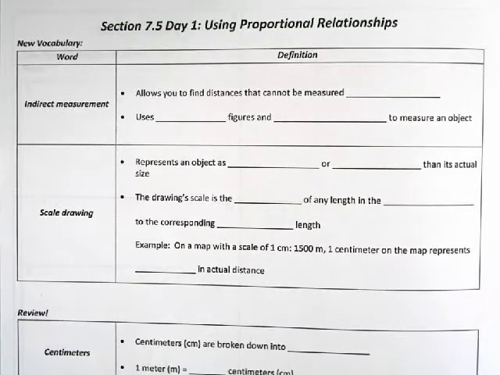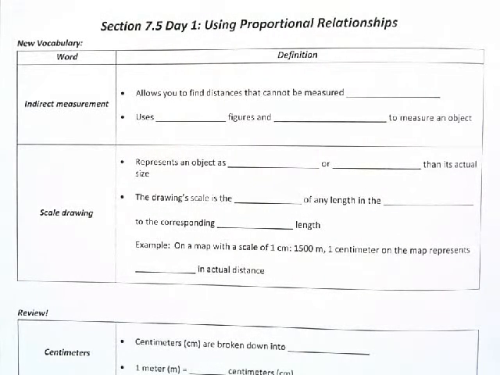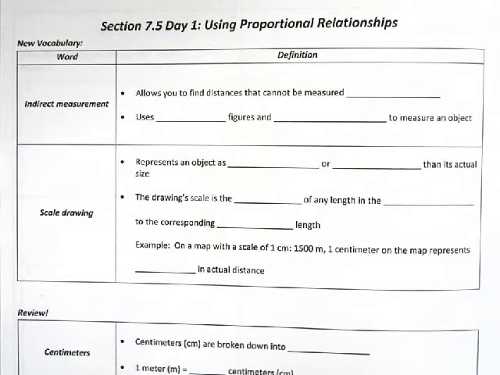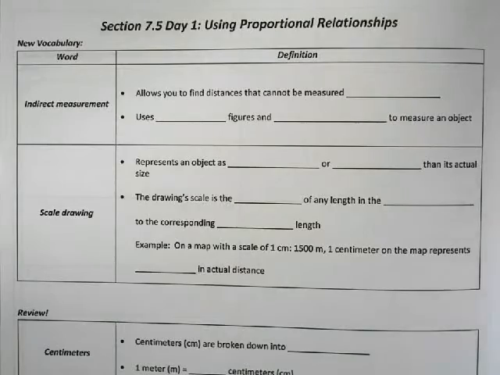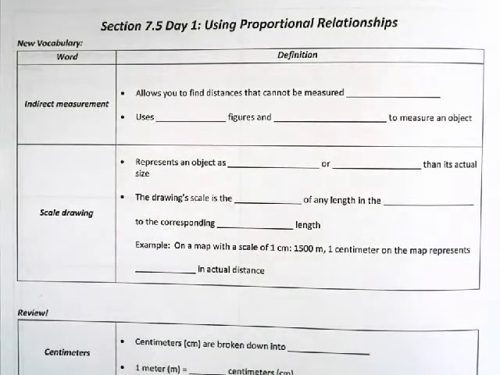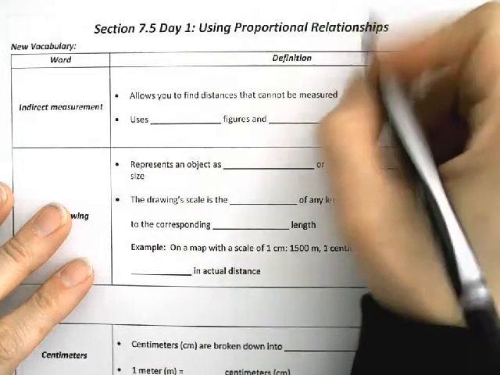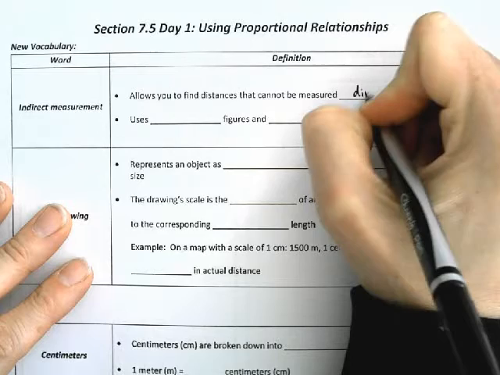And so a piece of this is going to be knowing how to draw a picture to represent a problem so then you can use proportions appropriately to solve the problem. So we're going to be working with something today called indirect measurement. And all this means is that indirect measurement is allowing us to find distance that cannot be measured directly.